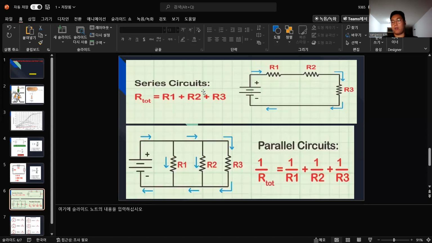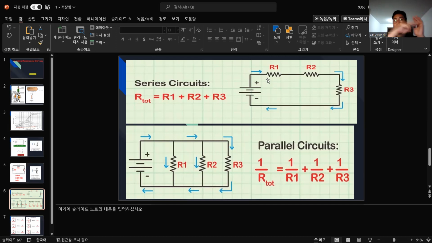But there are series and parallel circuits, two things, okay? In the series circuit, for the resistors, we just add the values. You guys know what series and parallel mean.